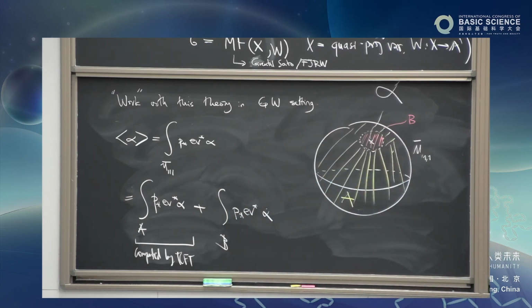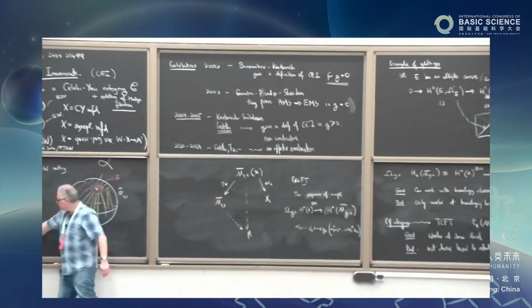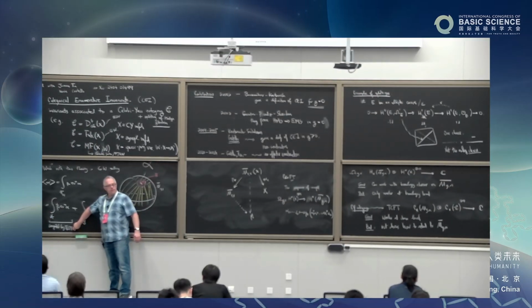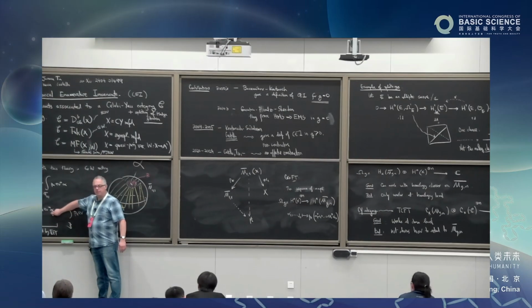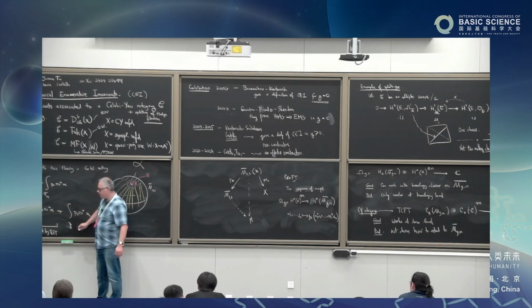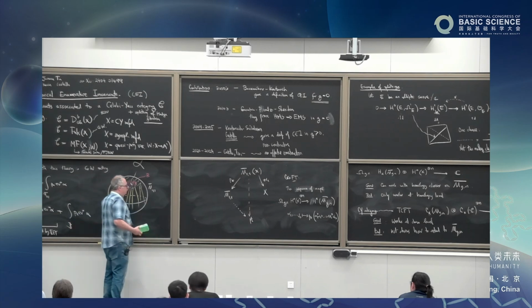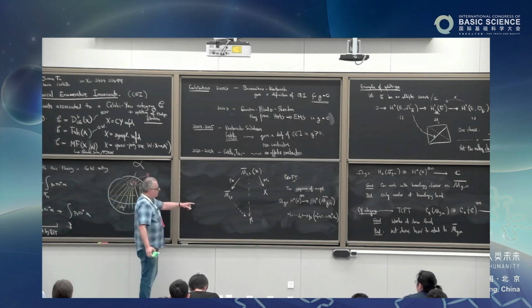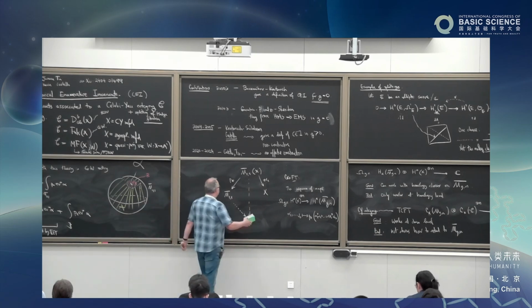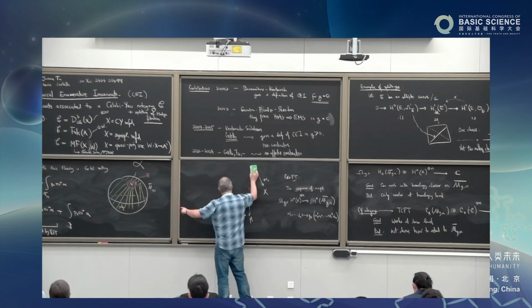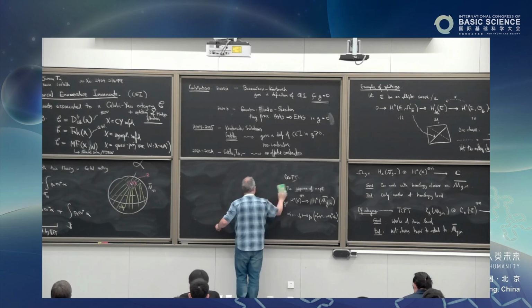It doesn't touch the bad part of the moduli space, the boundary. So in principle, the data of the category already tells me how to calculate this. The question is, how do I calculate the integral on B? The TCFT does not tell me how to do that. I don't have enough information.